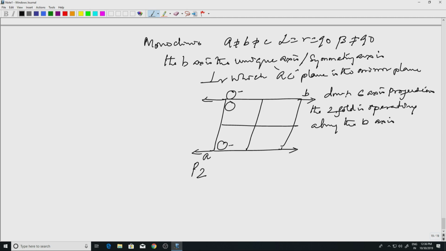Now we can see that between this and this there is a two-fold getting generated at A by 2.